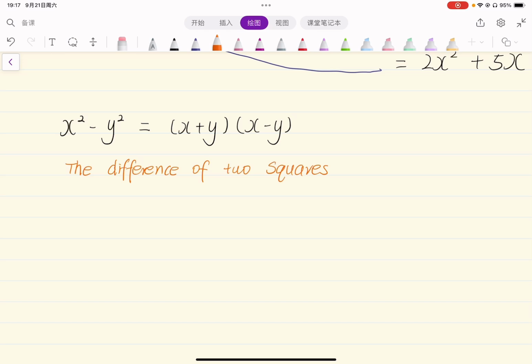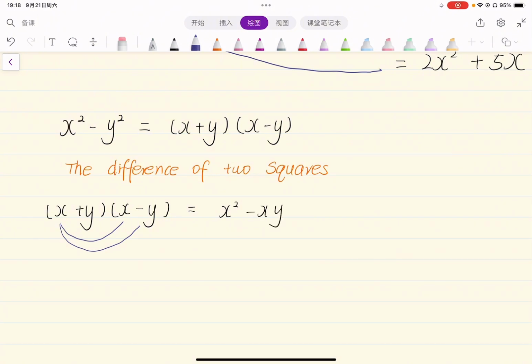So we can have a check of that. If we have x plus y times x minus y, what will happen when we expand that? For the first one, x times x, we get x squared, and then x times minus y, we get minus xy.